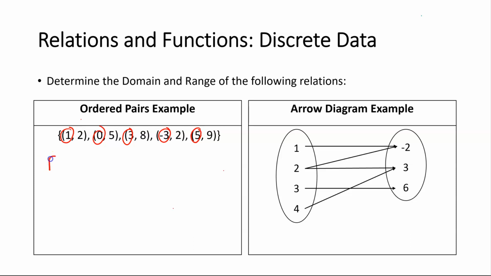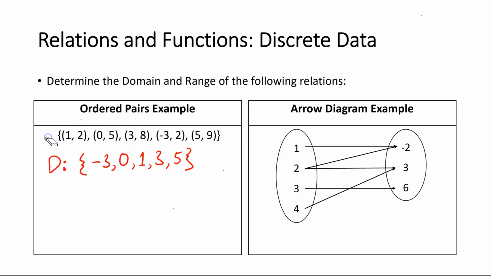But when you list it, we list it within the braces, the curly brackets, and we have to list it in numerical order from least to greatest. So -3 is the smallest number, and then 0, and then 1, and then 3, and then 5. So that's my domain, all the possibilities of that input variable.